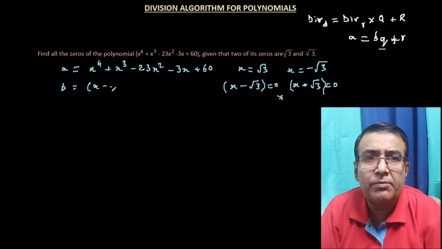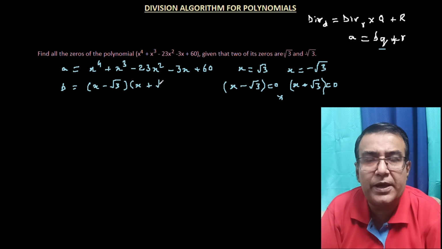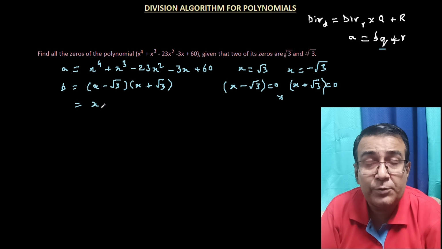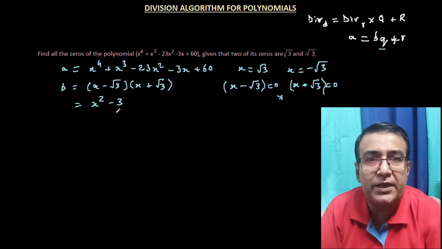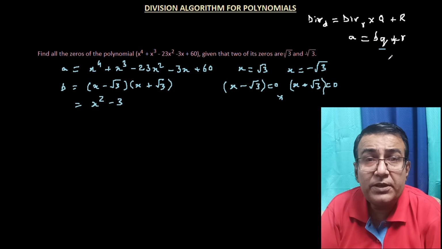And since it's in the form a minus b times a plus b, we can say it's a square minus b square, or in this case it will become x square minus the square of root 3, which is 3. So x square minus 3 is equal to b. Now, obviously, what we are interested in finding out is what the quotient is, so we can divide this polynomial by the divisor.